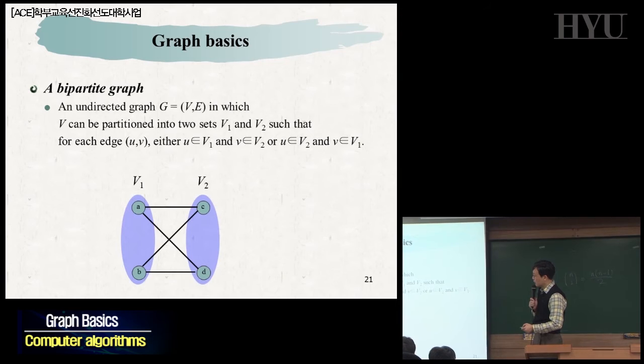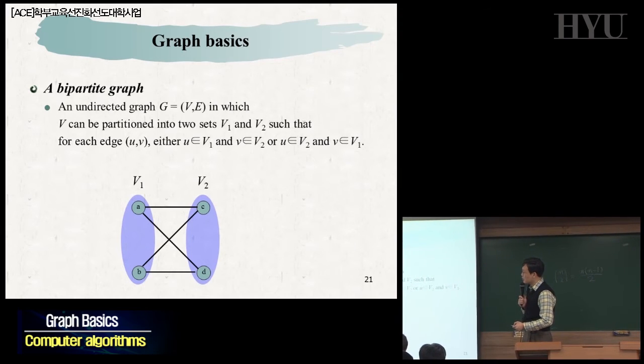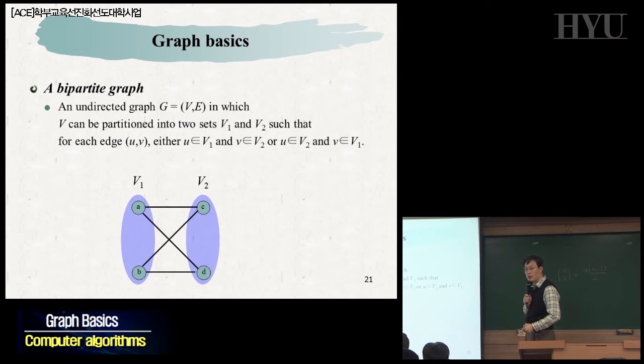So edges should cross this partition. There is no edge in the same partition. That is the definition of a bipartite graph.